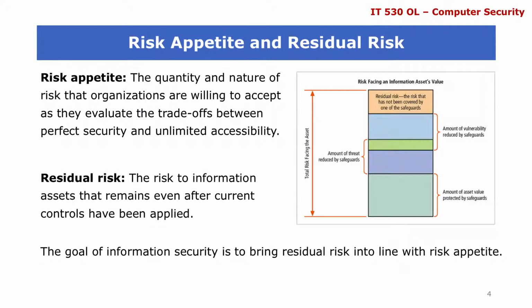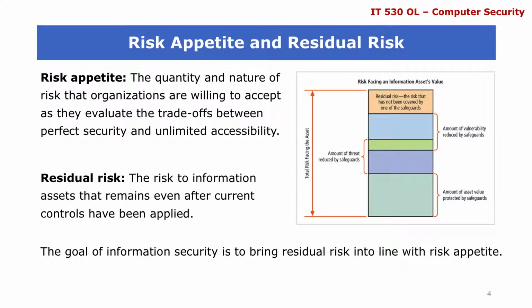Next, we'll have what we refer to as risk appetite and residual risk. Risk appetite is the quantity and nature of risk that organizations are willing to accept as they evaluate the trade-offs between perfect security and unlimited accessibility. In a nutshell, this is talking about what exactly the organization is willing to accept.